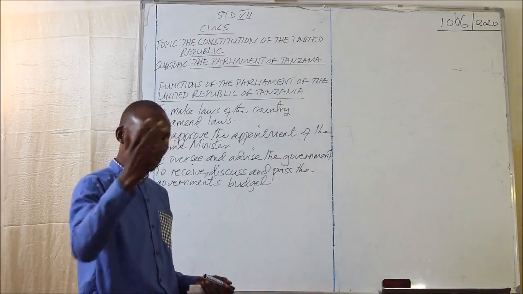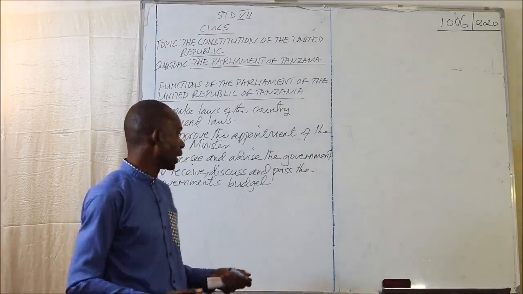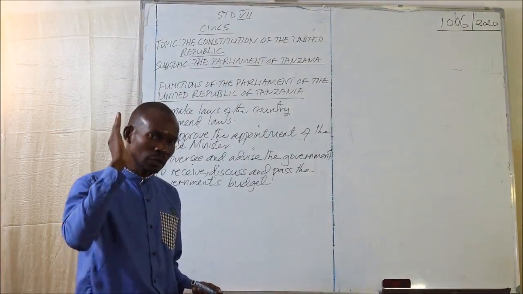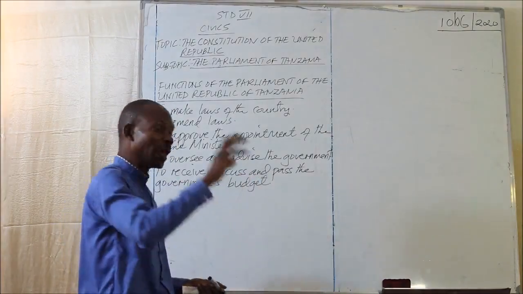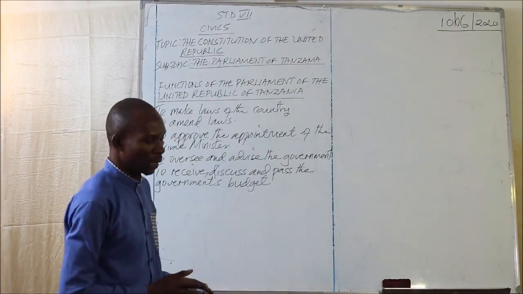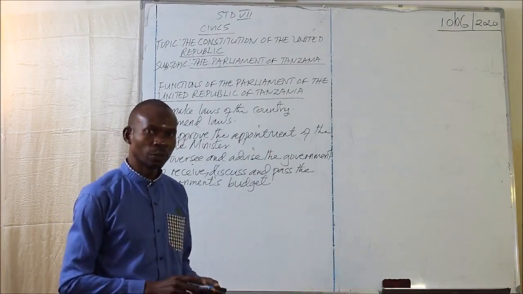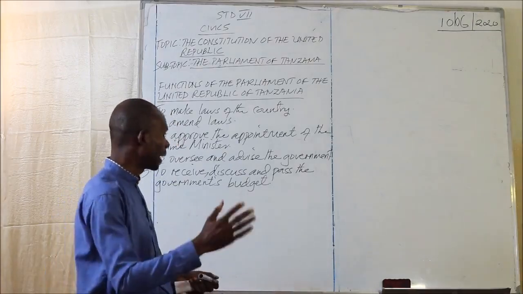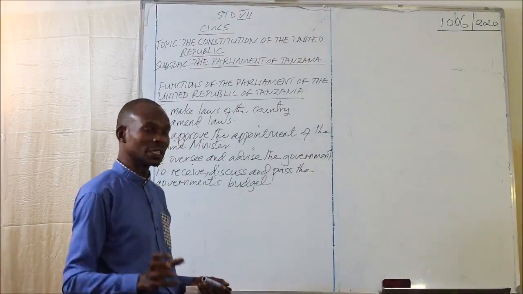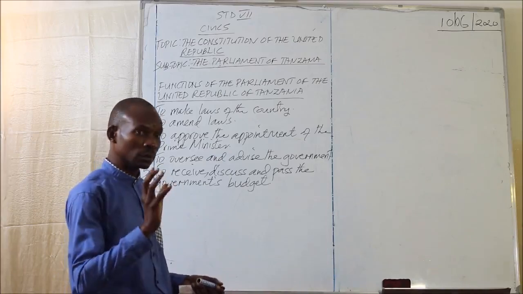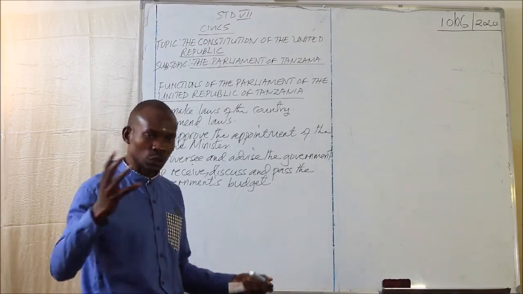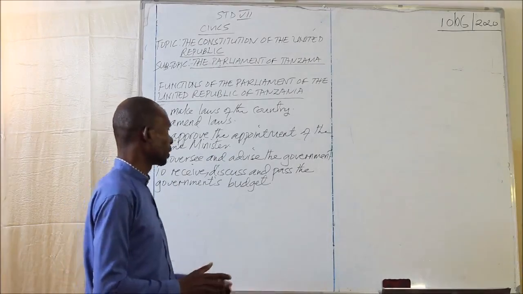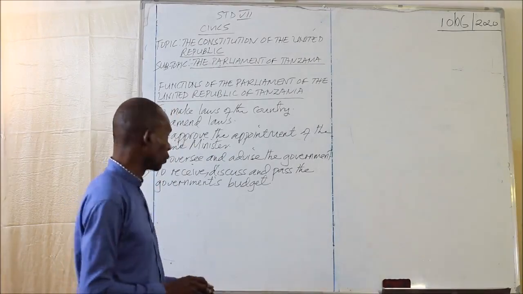In every financial year, each minister prepares a budget that is presented before the members of parliament for discussion and finally passing, so that the government can be free to start using and implementing the already passed budget for the benefit of the people.